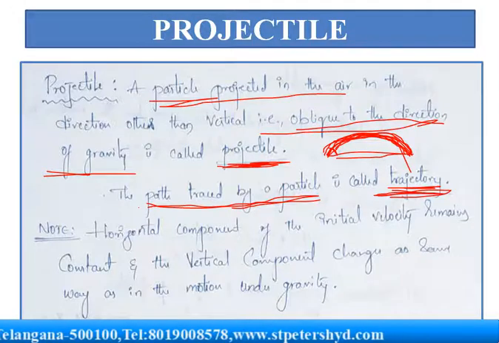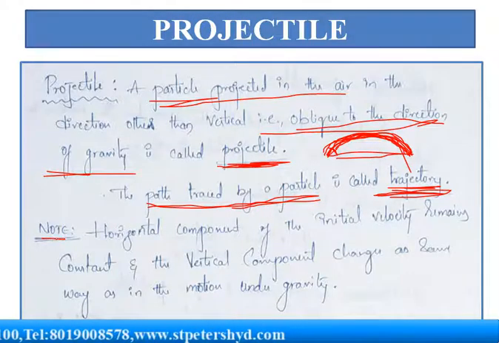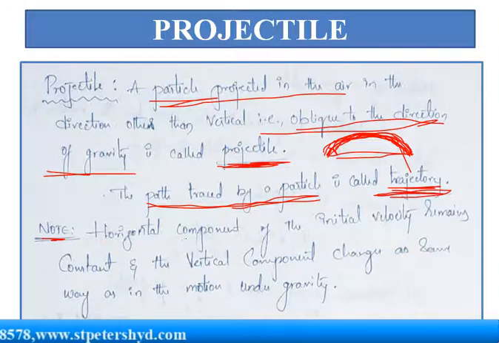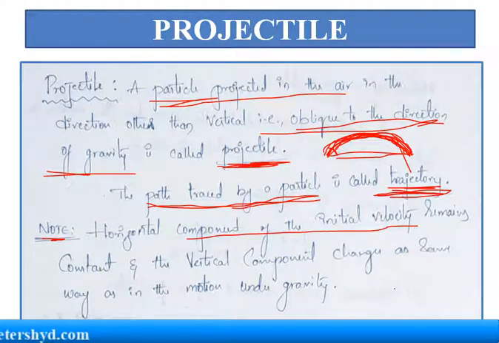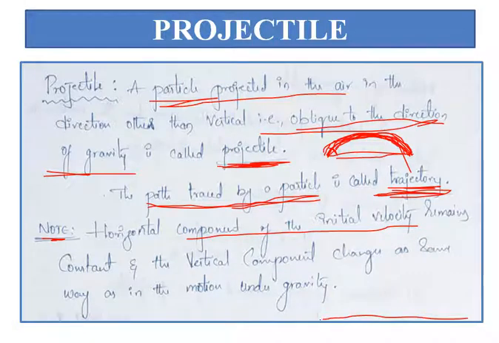The next one, the most important point here, is the horizontal component of the initial velocity. See, the horizontal path is there, and from this particular point you throw a projectile into the air.